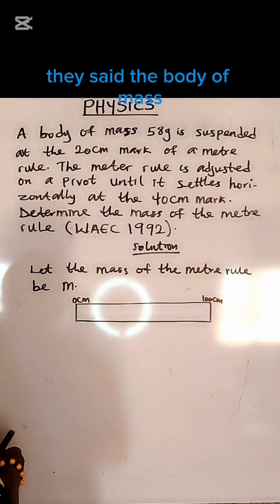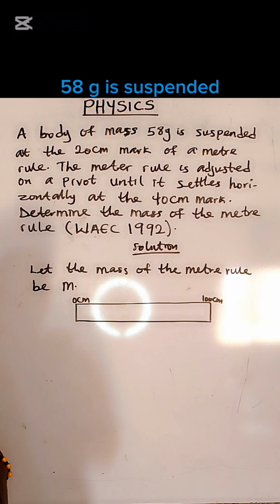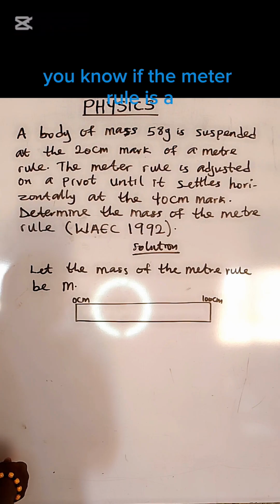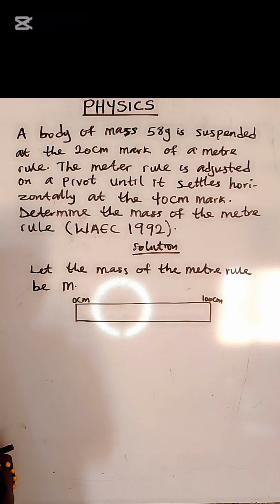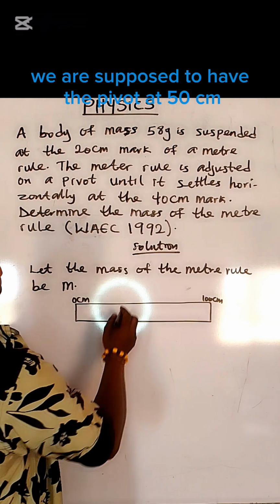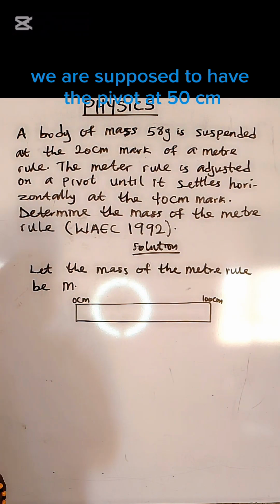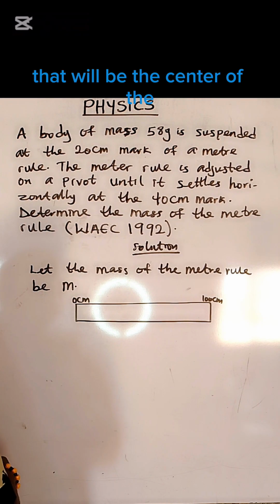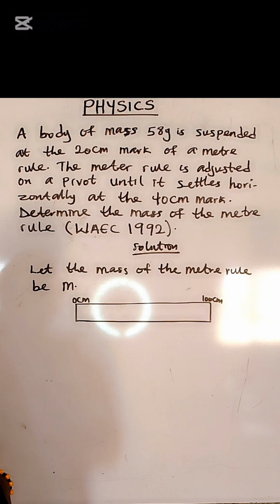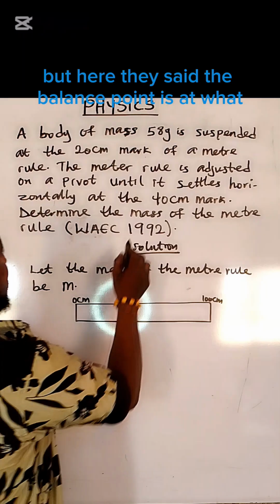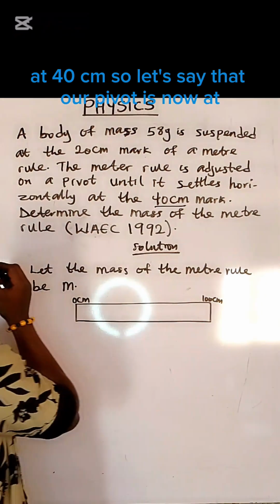They said a body of mass 58 grams is suspended at the 20 centimeter mark of a meter rule. You know, if the meter rule is uniform, we are supposed to have the pivot at 50 centimeter. That will be the center of gravity. But here they said the balance point is at 40 centimeter.